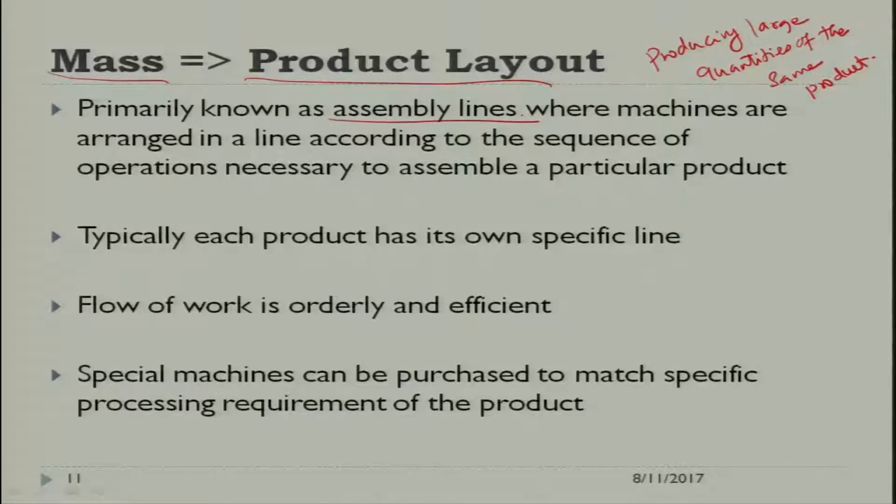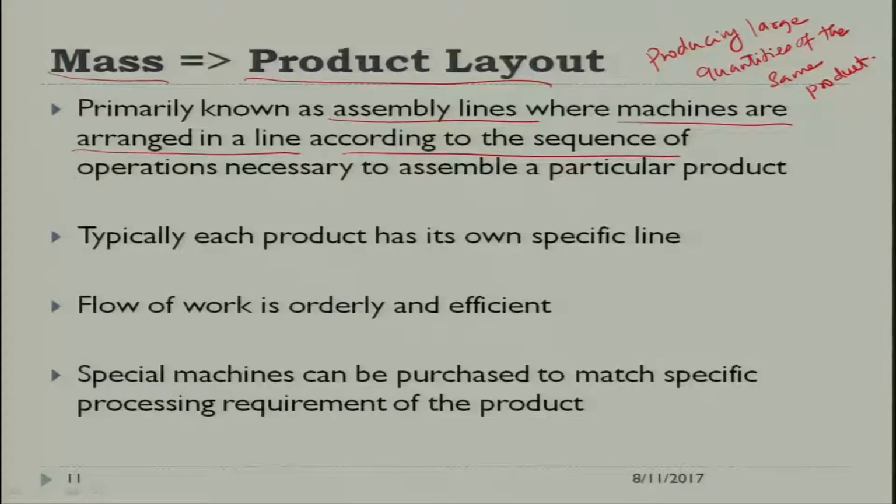Okay. It is called an assembly line because the machines involved in the manufacturing process are arranged in a linear fashion, in a line, and not in any random fashion. In the process layout you have seen that the machines are arranged wherever you find the space, you put the machine there within the department, but here they are arranged in a linear fashion according to the sequence of operations.